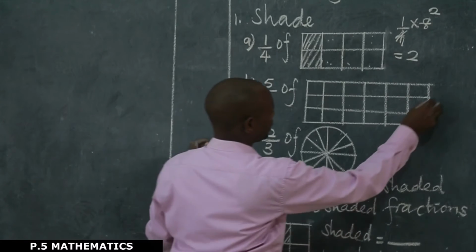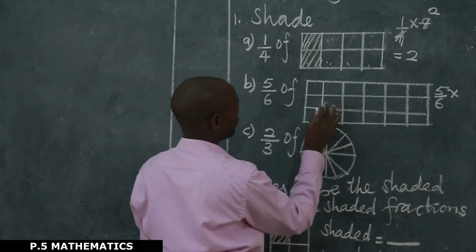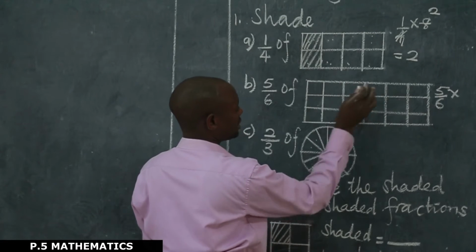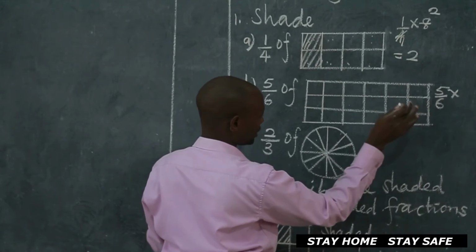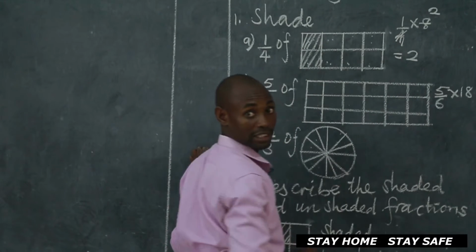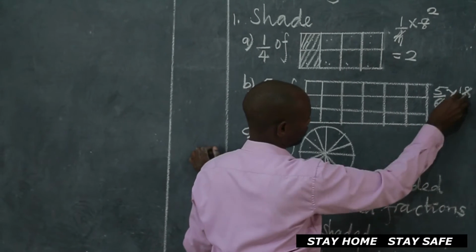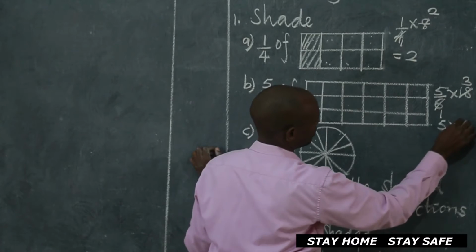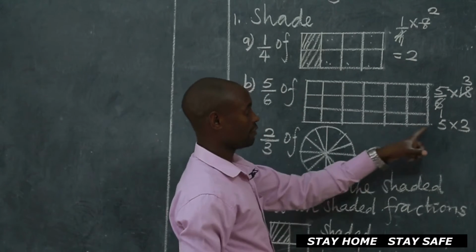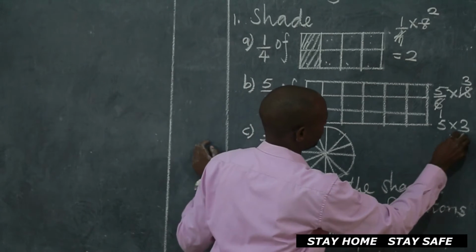5 out of 6 times the number of squares, 18. So multiply by 18, divide by 6, that is 3. Then 5 times 3, what do we get? 5 groups of 3. When you add 5, 3 times, what do we get? 15.